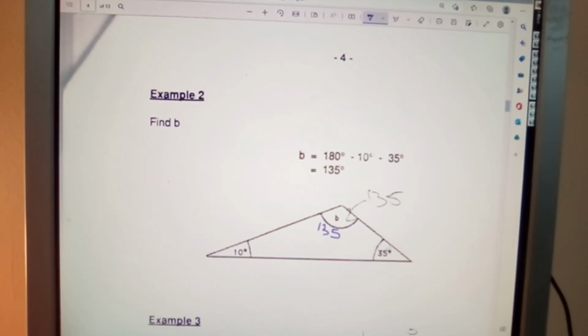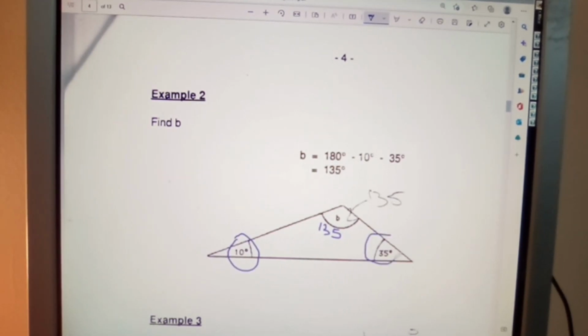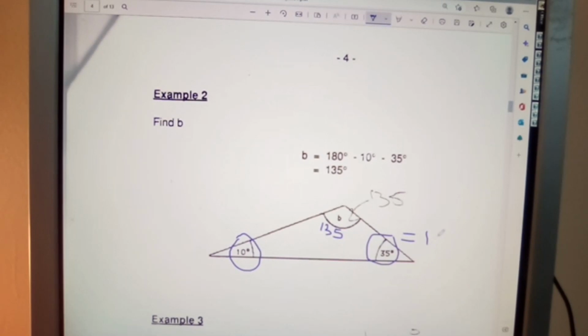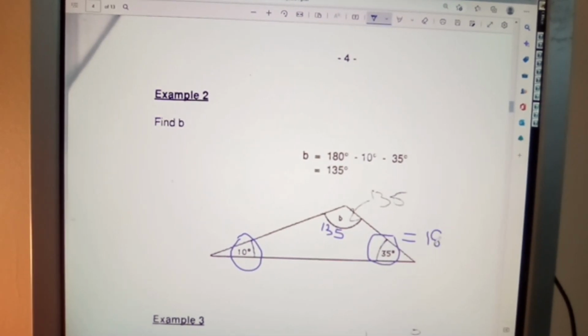So you're adding these together and it equals 180 degrees.